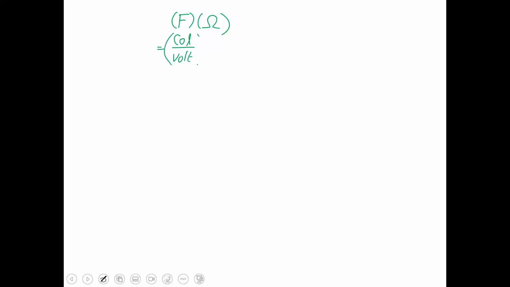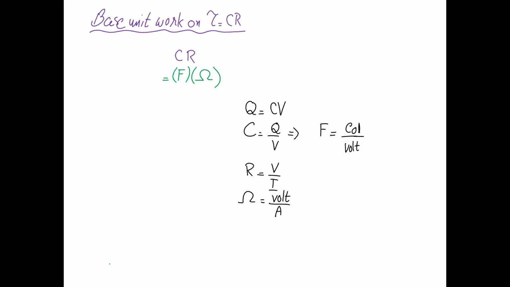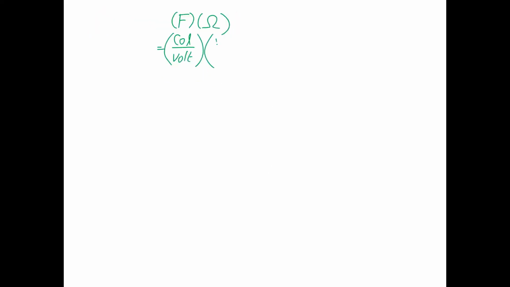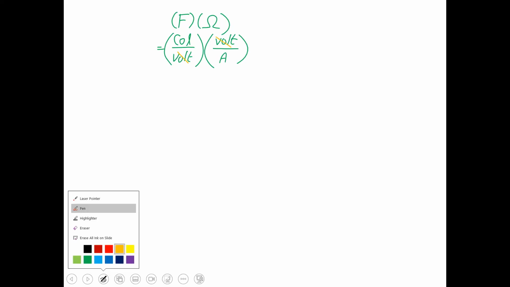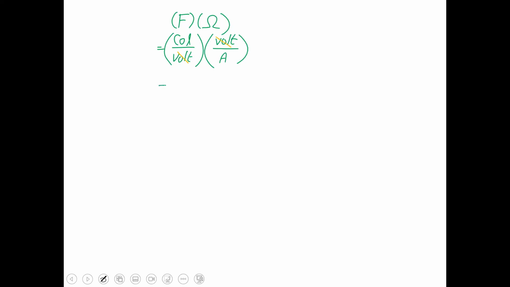And what can I put for ohm? Ohm is volt per ampere. So what can I cancel out? I can cancel out volt. So what is now left? Coulomb upon ampere. Now you have to copy this.